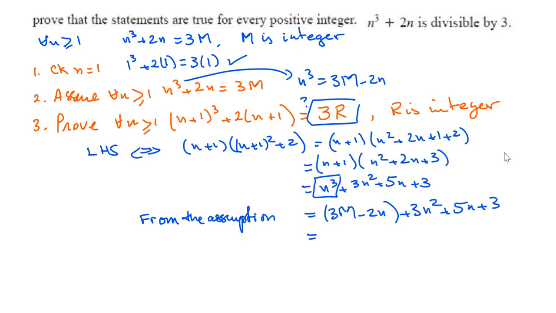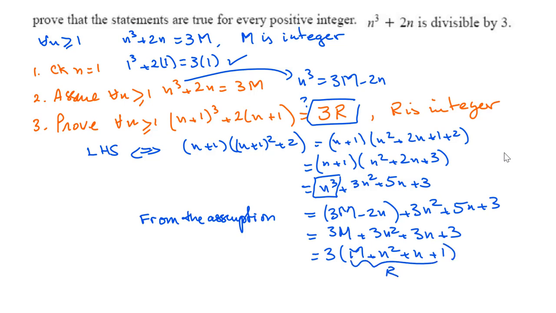And now add the like terms again, we end up with 3m plus 3n squared plus 3n plus 3. Factoring 3 out, we get m plus n squared plus n plus 1. So basically this can be called r. So we end up with the right hand side, which is 3 times r.